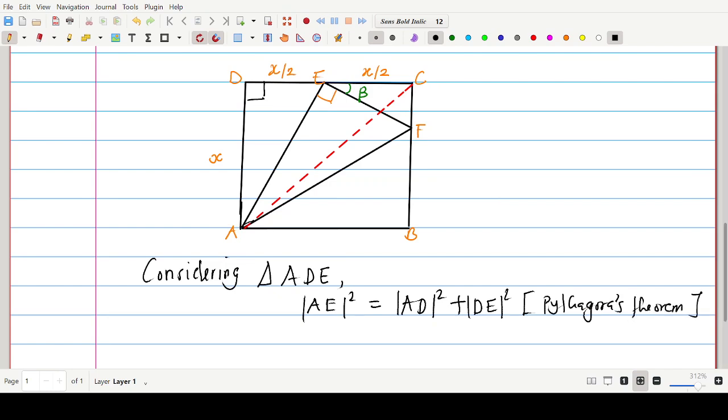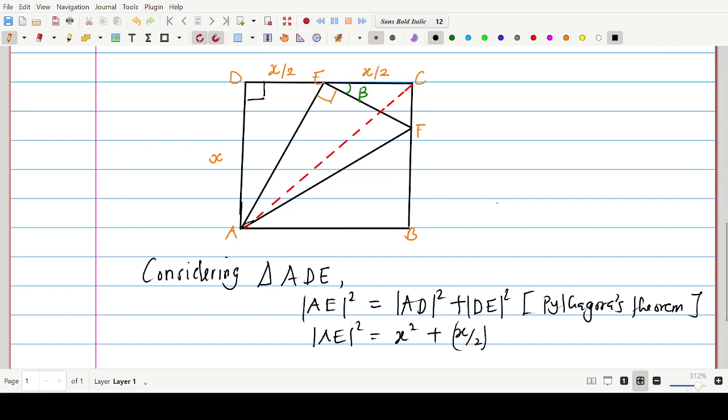Now, we don't know the length of the side AE, so we can write AE squared equals AD squared plus DE squared. If you observe carefully, AD is equal to x, so we have it as x squared plus DE, which is equal to x over 2.